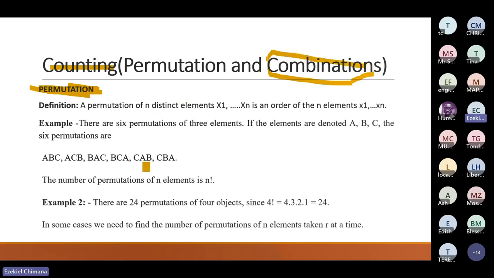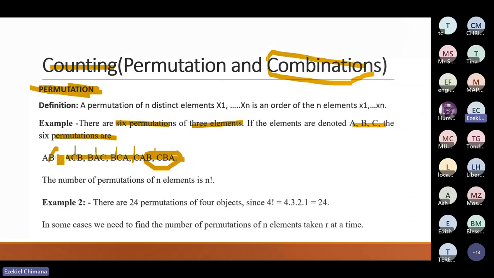So on permutation, for example, here there are 6 permutations of 3 elements. If the elements are denoted as A, B, and C, the 6 permutations will be ABC, ACB, BAC, BCA, CAB, and CBA.